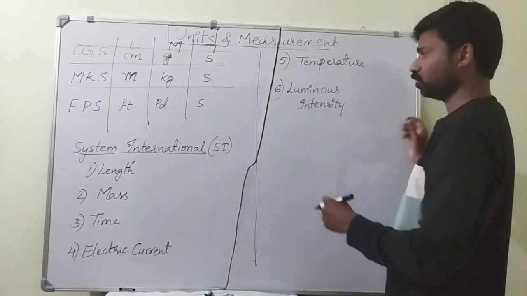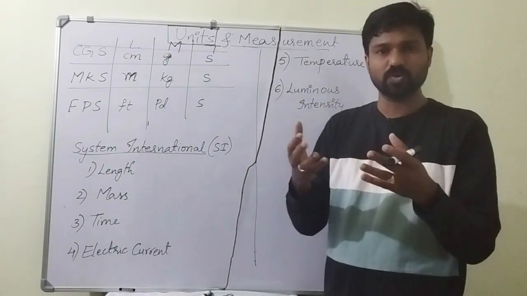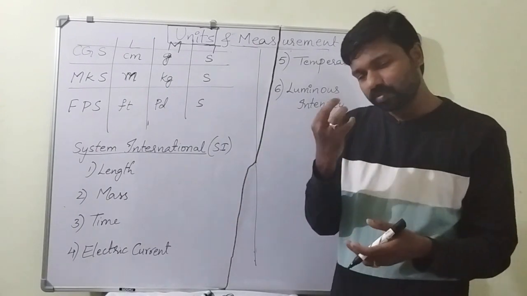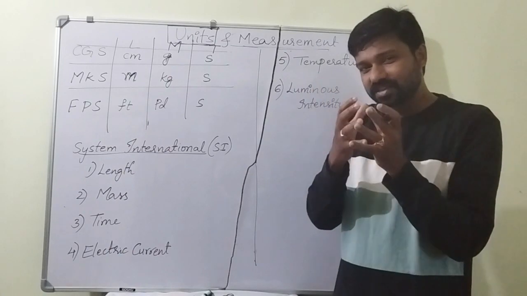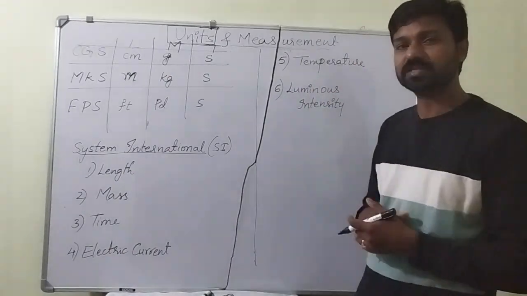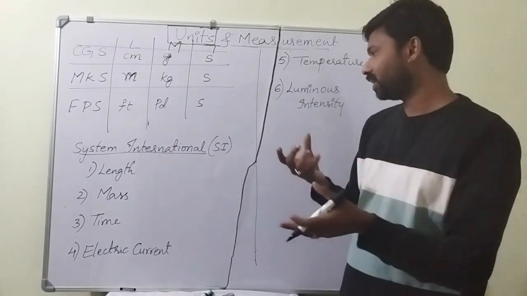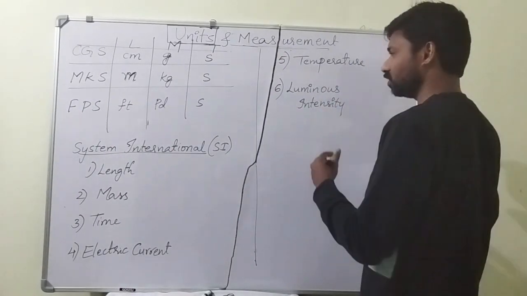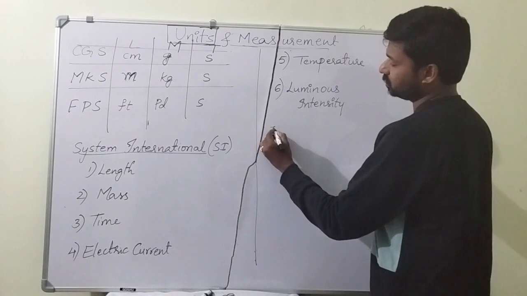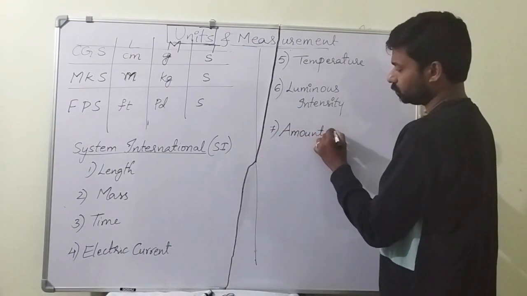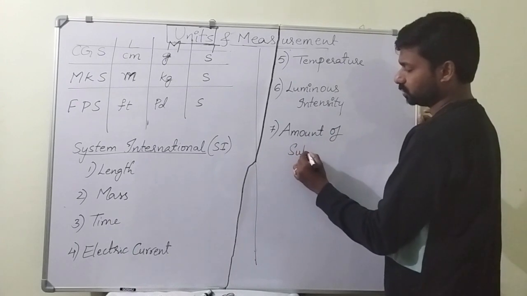Luminous intensity means, for example, you are able to see the brightness in this room, how bright it is, at what intensity the light is present. The intensity of light is called luminous intensity, its technical name. Next, amount of substance.